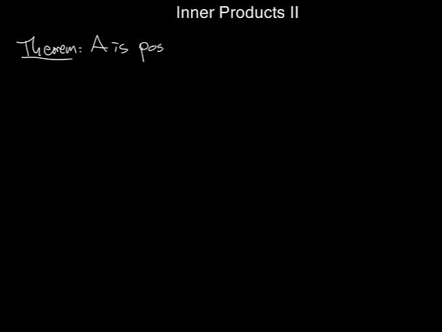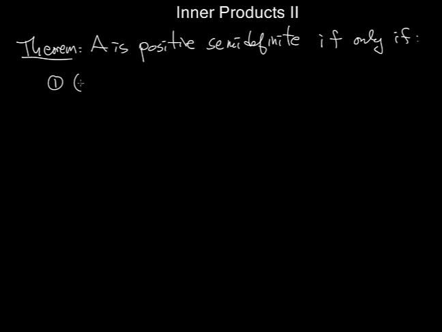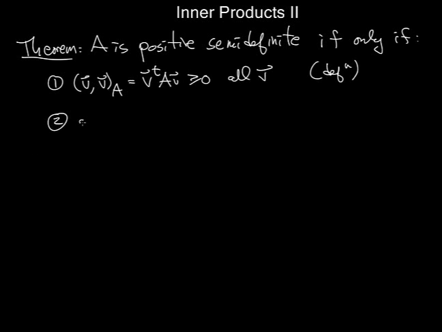So here's the theorem. A matrix is positive semi-definite if and only if the following conditions hold. Each of these conditions is equivalent. Any one of these conditions is enough. So first of all, this number v transpose A v is supposed to be bigger than or equal to 0 for all v. That's the definition of positive semi-definite.